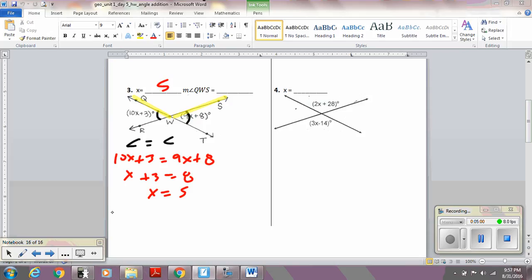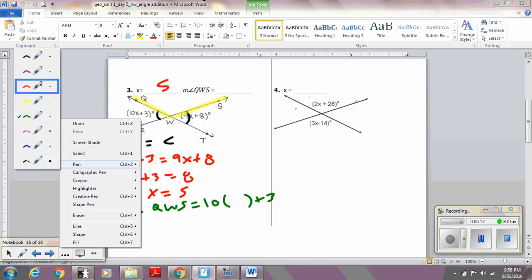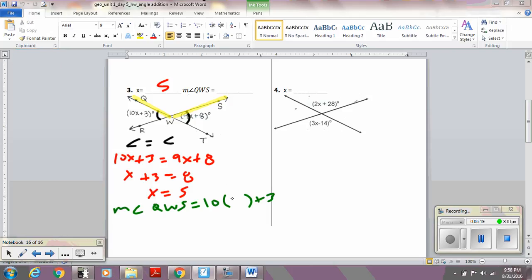So let's find the measure of QWS, which is 10 times x plus 3, and x again is 5. So 10 times 5 is 50, plus 3 is 53. So this angle measures 53.